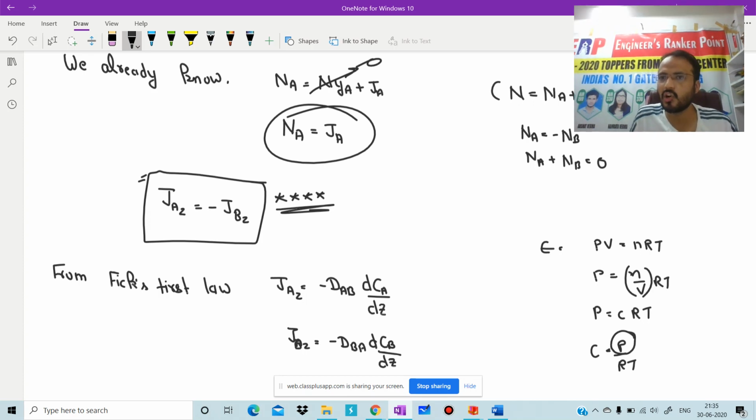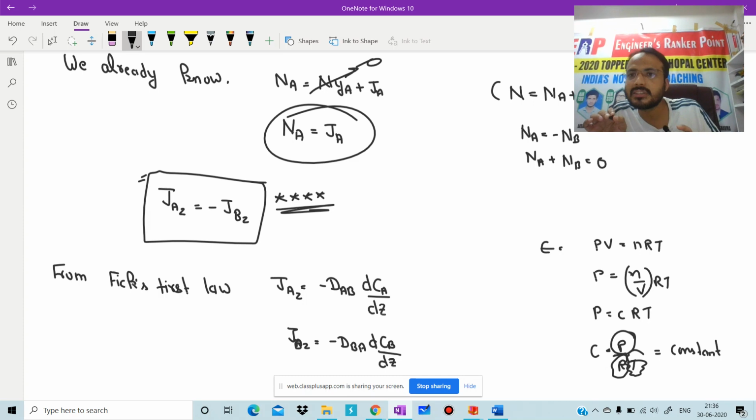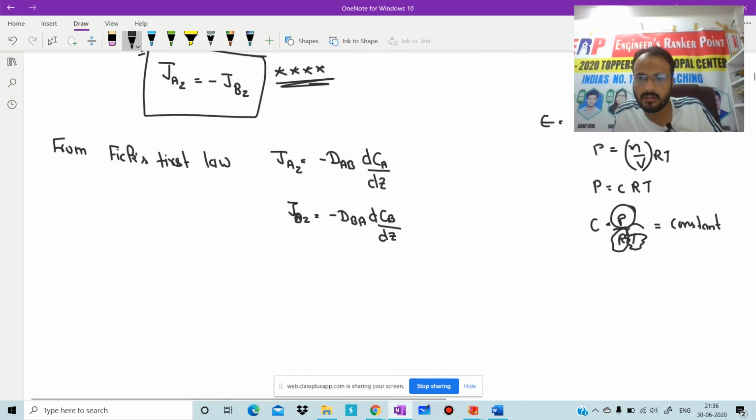The value of R is already constant, and at a specific temperature, T is constant. Then what does it mean? For this case, the value of C is constant. Otherwise, so many students will get confused in this. I hope there should be no doubt.